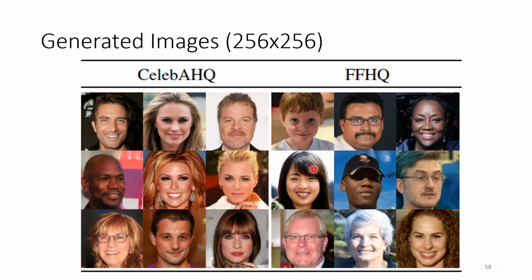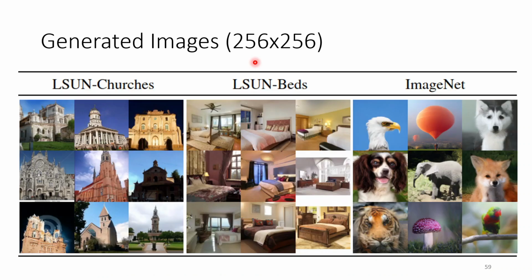Okay, so let's take a look at their results. This is CelebA-HQ and FFHQ, and ImageNet at resolution 256 squared. It looks good, I should say. And this is LSUN Churches, LSUN Bedrooms, and the ImageNet dataset, and the results look good.